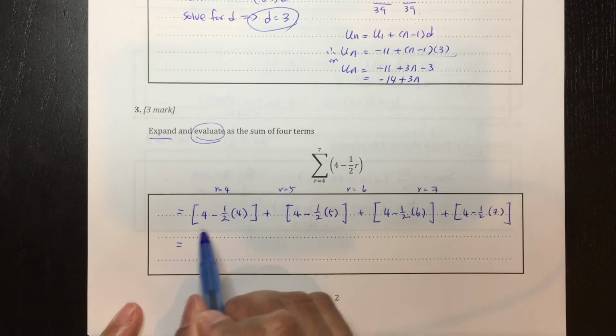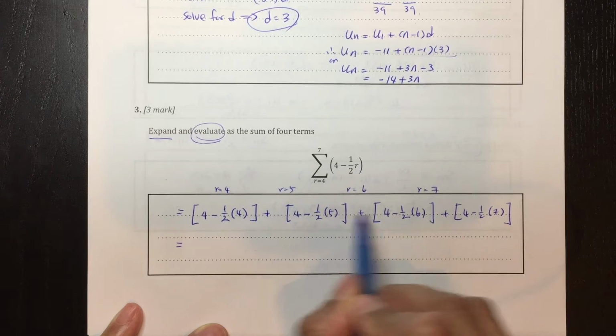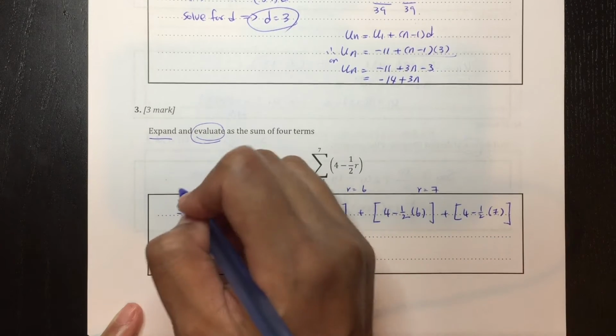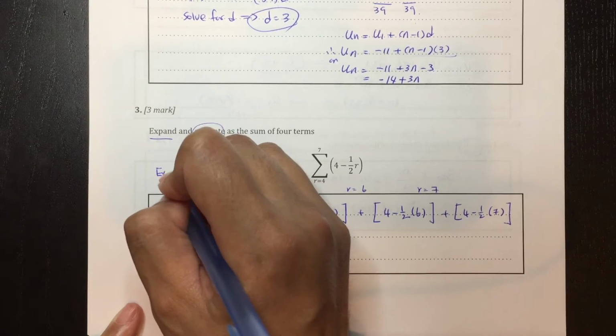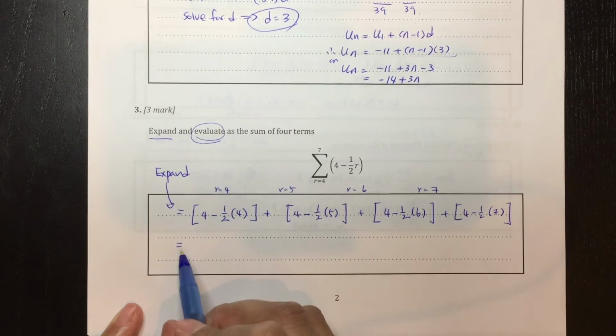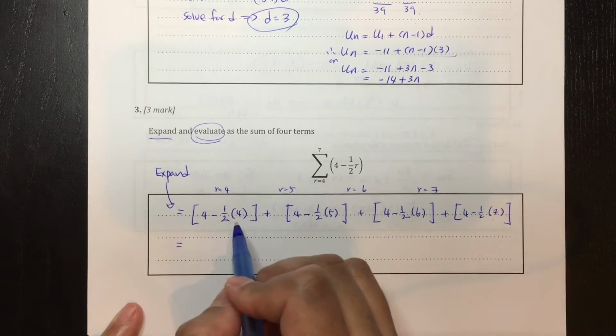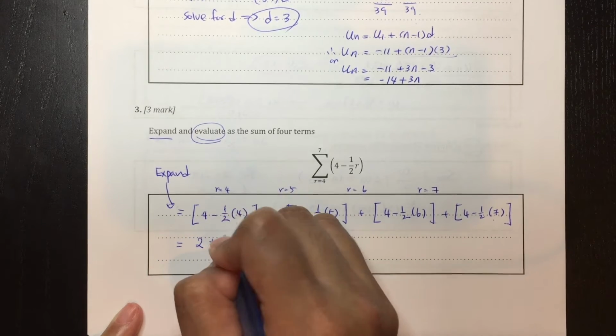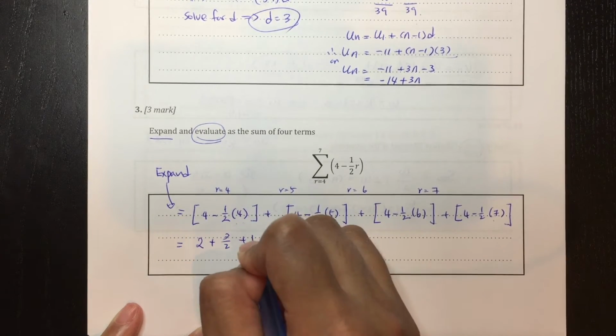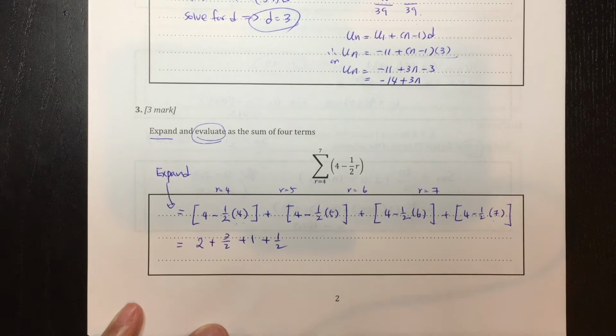Now we're going to evaluate each term. We just expanded it, right? Now we're going to evaluate each part. So we get 2 plus 3 over 2 plus 1 plus 1 over 2. So our final answer is 5.